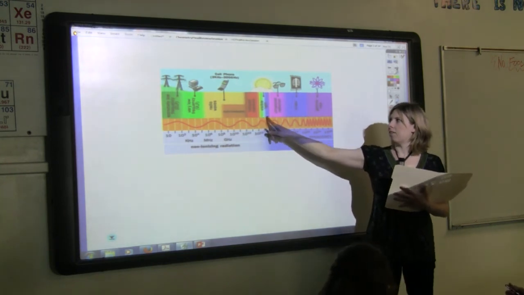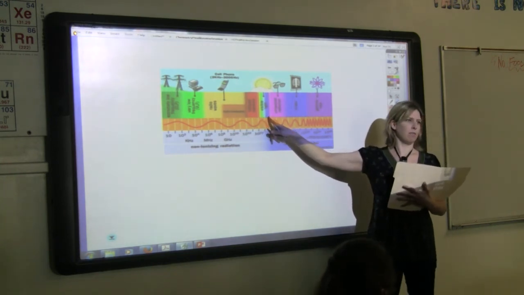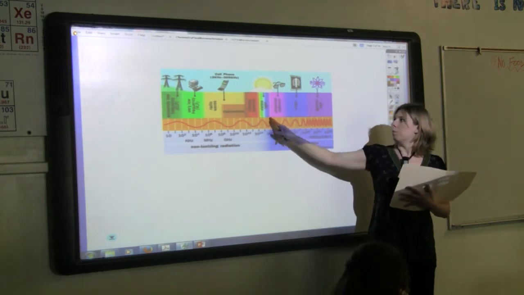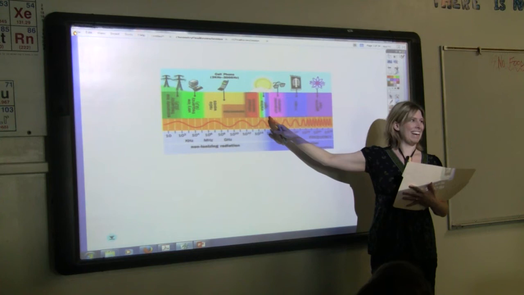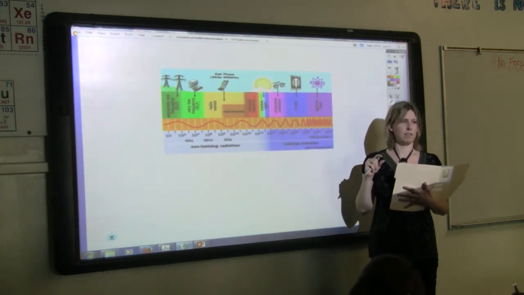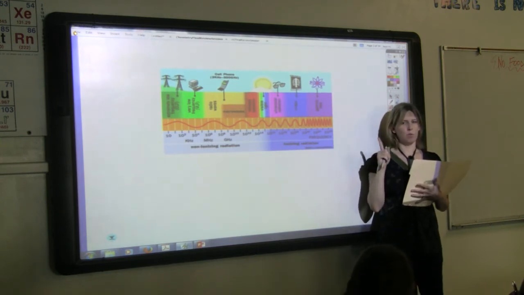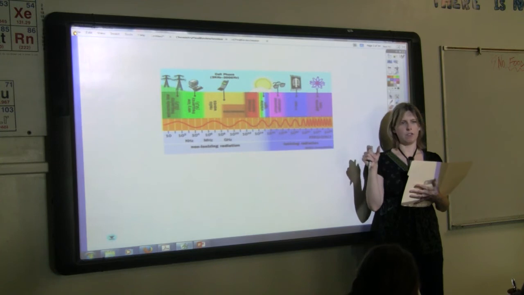In the middle here we have our visible light. So that's our rainbow colors that we actually see. Purple has the highest frequency because it has the shortest wavelength. So that means you can get more wave peaks in a certain amount of time.